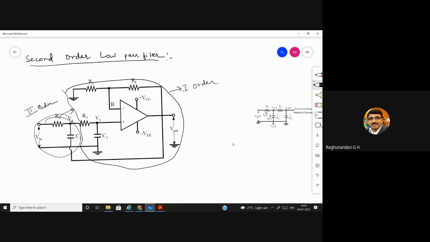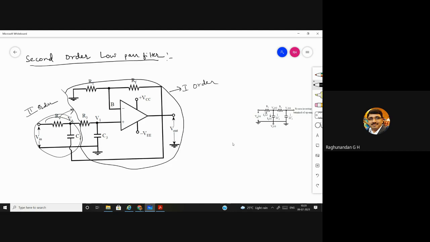That is the ideal case. But practically it will not happen like that. It takes some time, and slowly it is going to reduce. We have a slope. That slope will be reduced to an extent, so that the extra unwanted frequencies will be reduced from the circuit.